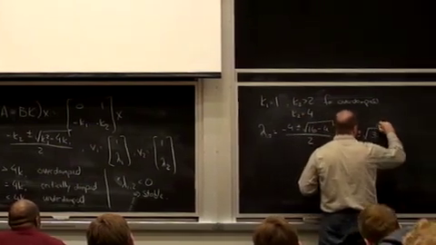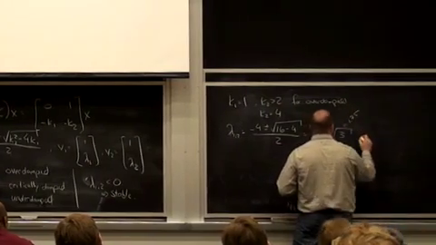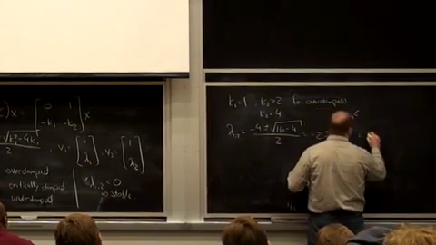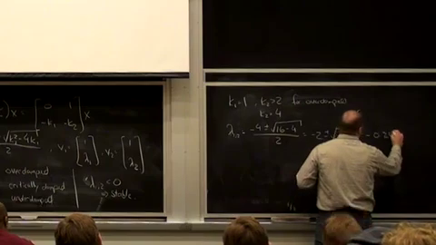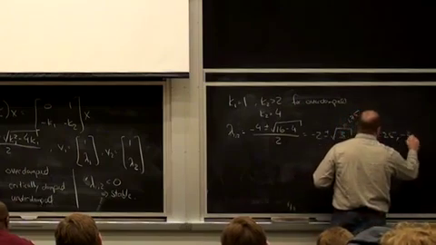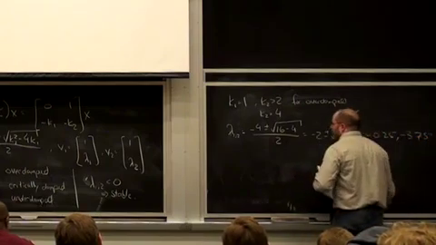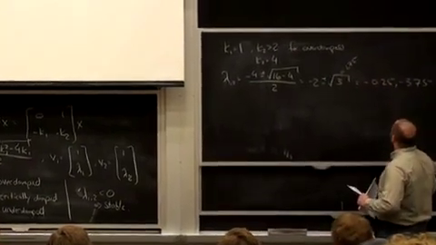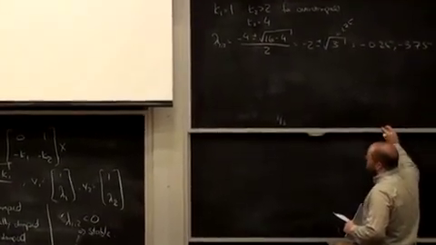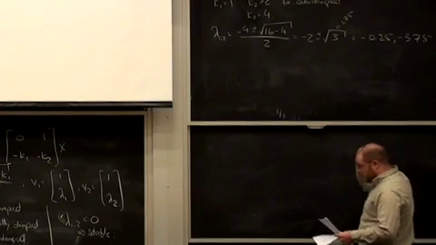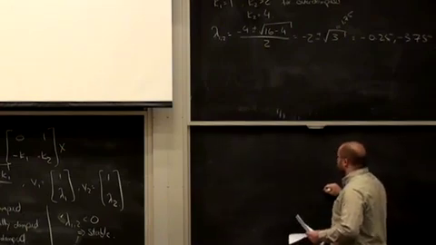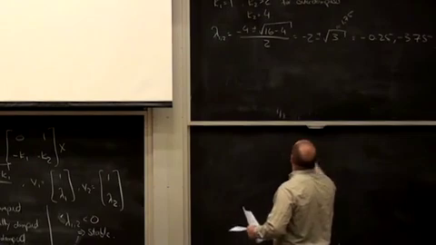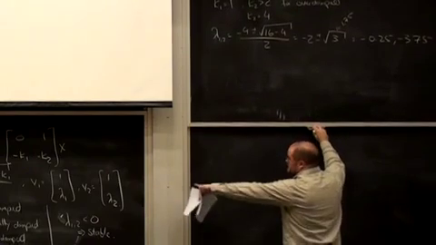Square root of 3 is about 1.75. Okay, so I get negative 0.25 and negative 3.75 for my eigenvalues. Okay. And the eigenvectors are going to be just this form.